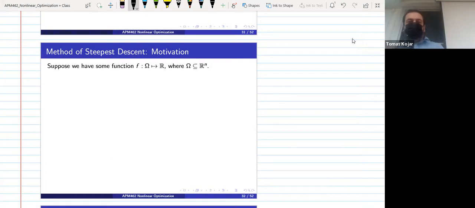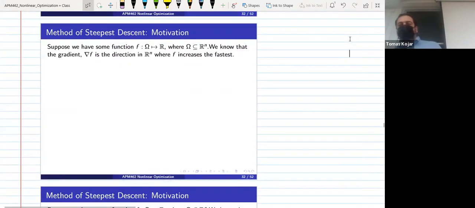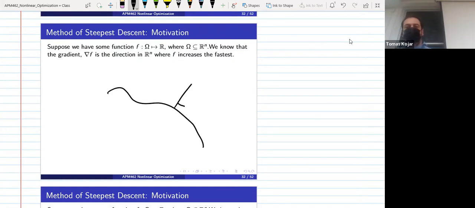Before I go into this, let me remind you. You start with a function, and we talked about a few weeks ago that the gradient is normal to the level set.